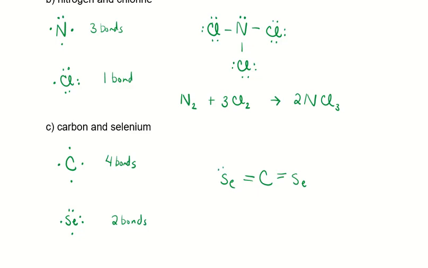Each selenium also has 2 lone pairs. If we're counting up electrons, 2, 4 in our lone pairs, 2, 4 in our bonding electrons, so a total of 8 around each selenium. You might recognize this as looking a lot like carbon dioxide, because selenium and oxygen are in the same family, and it makes sense that they end up having similar structures.